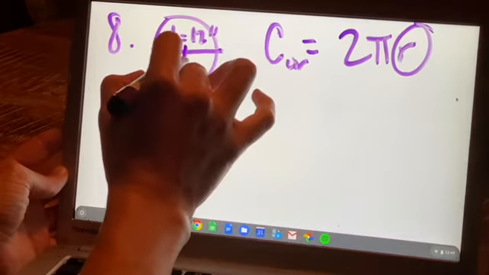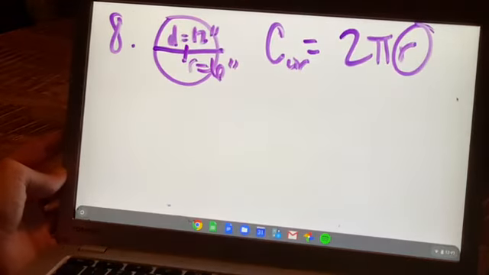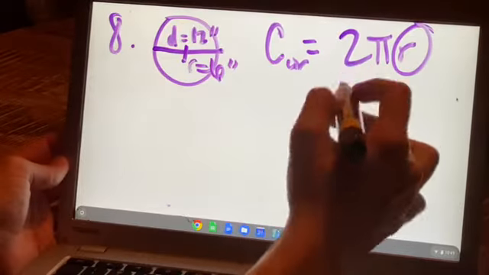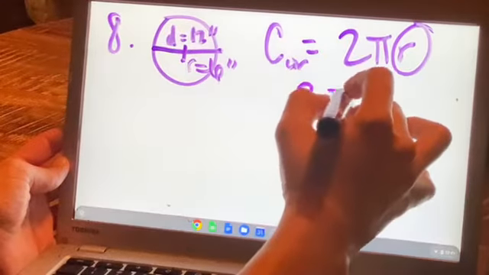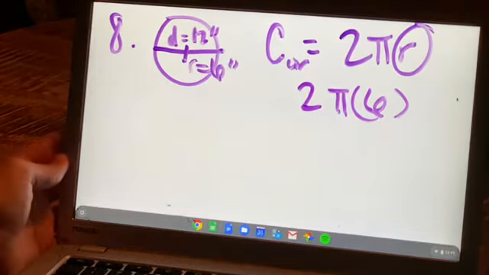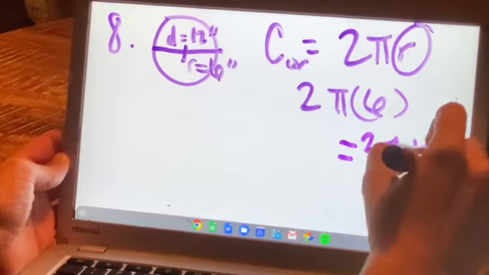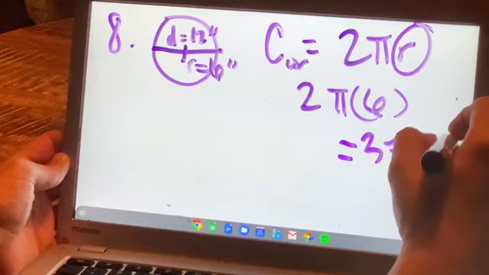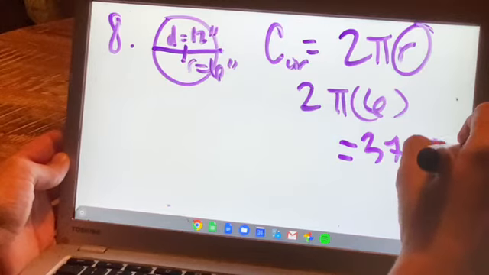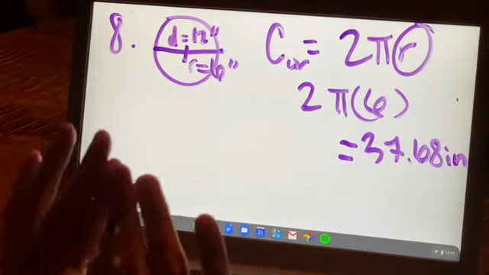You need to cut it in half, right? So that means that our radius would be 6 inches. Everybody agree with that? So we can do 2 pi times 6. And that gives us 37.68 inches. Okay guys, one thing I want to say real quick is there is no inches squared on this one. It's the circumference.